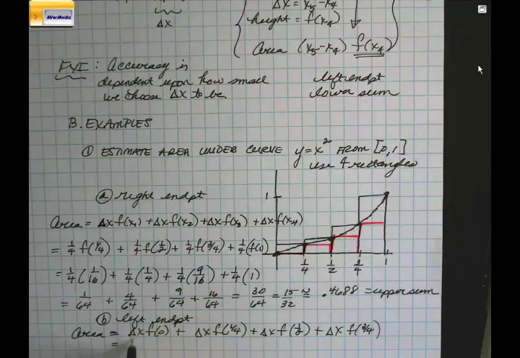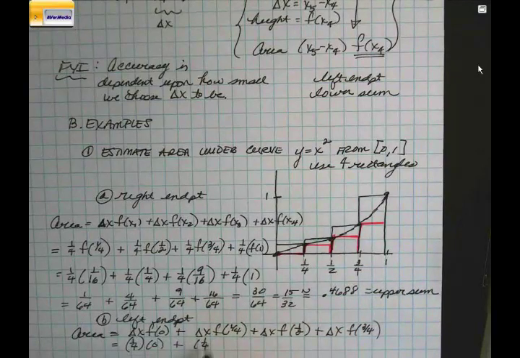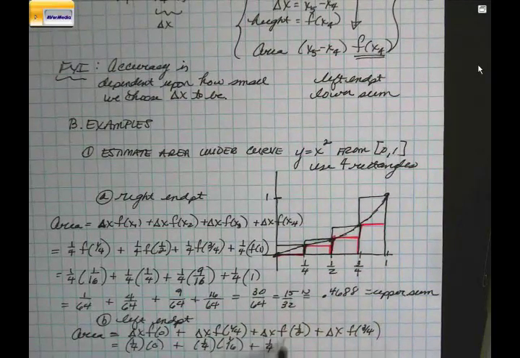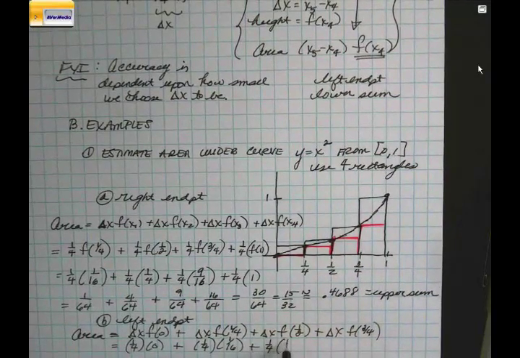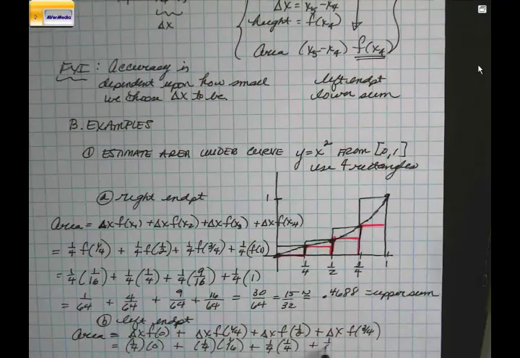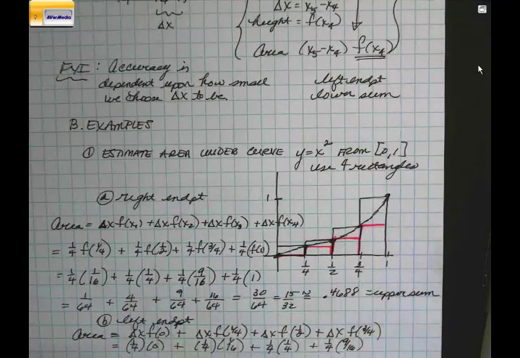Delta x continues to be 1/4, and f of 0 is 0, so that one's a 0 out situation. Delta x is 1/4, and f of 1/4 is 1/16. Delta x is 1/4, and f of 1/2 is 1/4. And delta x is 1/4, and f of 3/4 is 9/16.